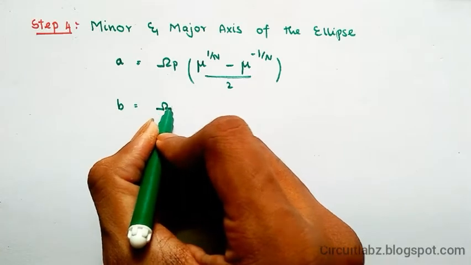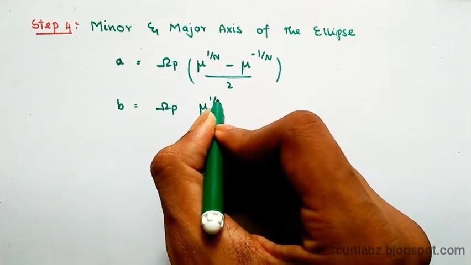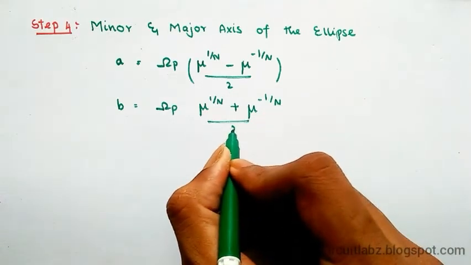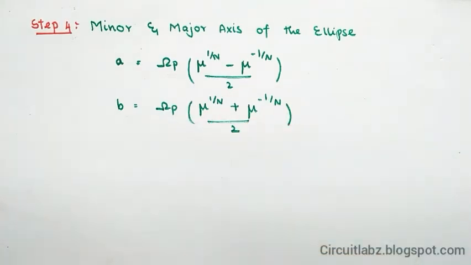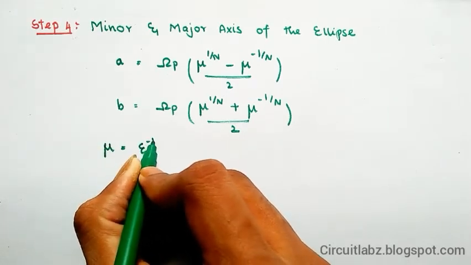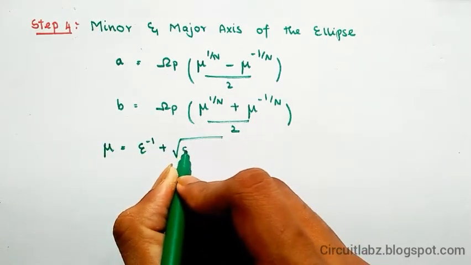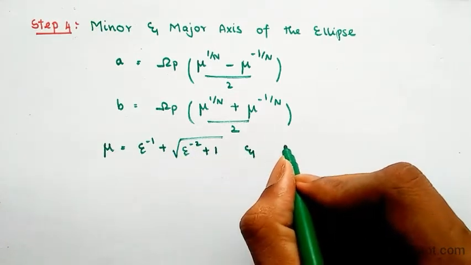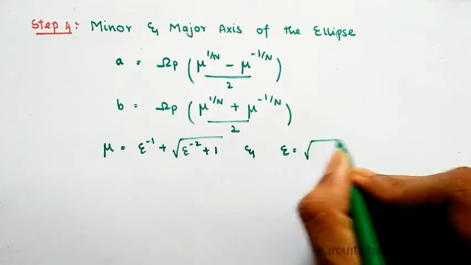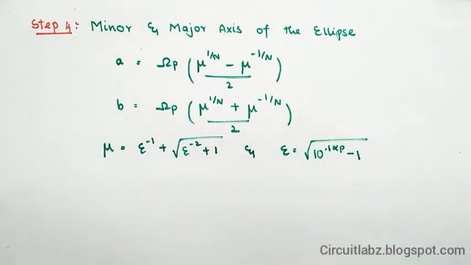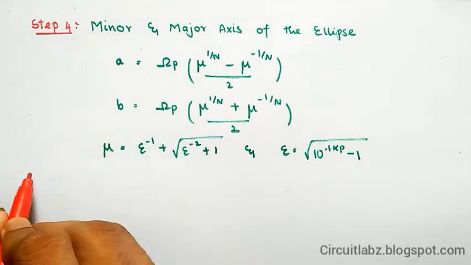The major axis, denoted by B, is equal to omega p times mu to the power 1 by n plus mu to the power minus 1 by n, divided by 2, where mu is given by epsilon inverse plus square root of epsilon to the power minus 2 plus 1, and epsilon is equal to square root of 10 to the power 0.1 alpha p minus 1, which we already know.